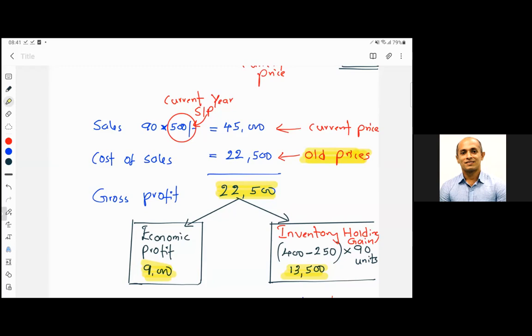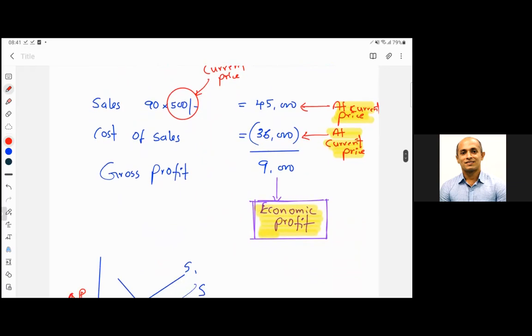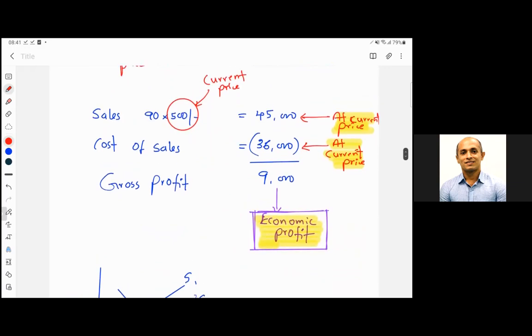We should not take this part of profit into the analysis. We should take only the economic profit. You get economic profit when the company follows LIFO costing, because in LIFO costing, cost of sales is valued at current price.